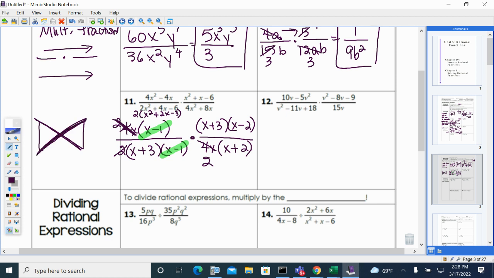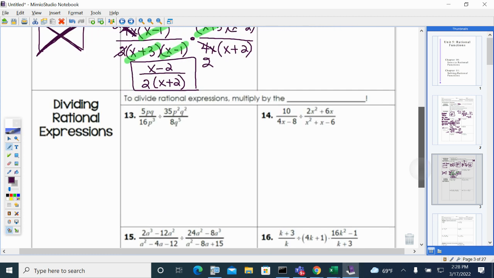The x plus 3s are going to cancel. Those are gone. And then all we have left at this point is an x minus 2 in the top and a 2 and an x plus 2 in the denominator. And that is your answer for number 11. Please leave it just like that. You do not need to distribute.